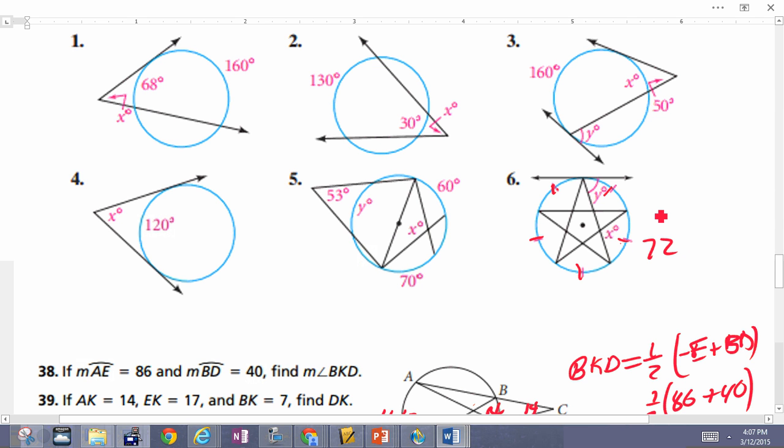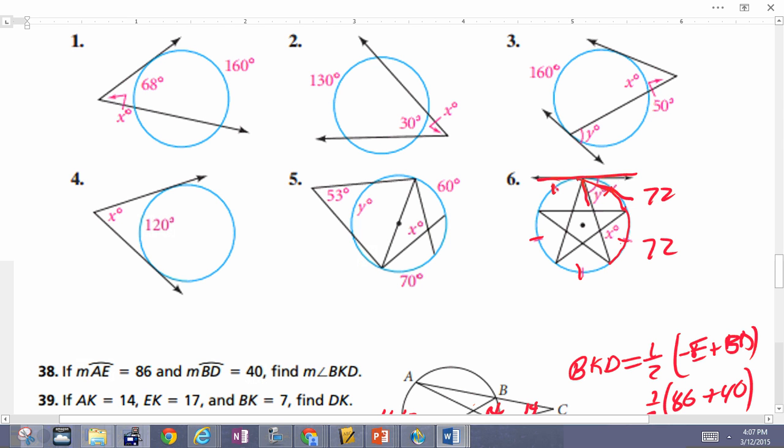Which means this angle up here at Y is an inscribed angle formed with a tangent and a chord. It's half of the arc which it meets up with, although it meets up with two arcs. It meets up with one arc of 72 here, and then another arc of 72. So that angle there at Y is half of 144, or 72.